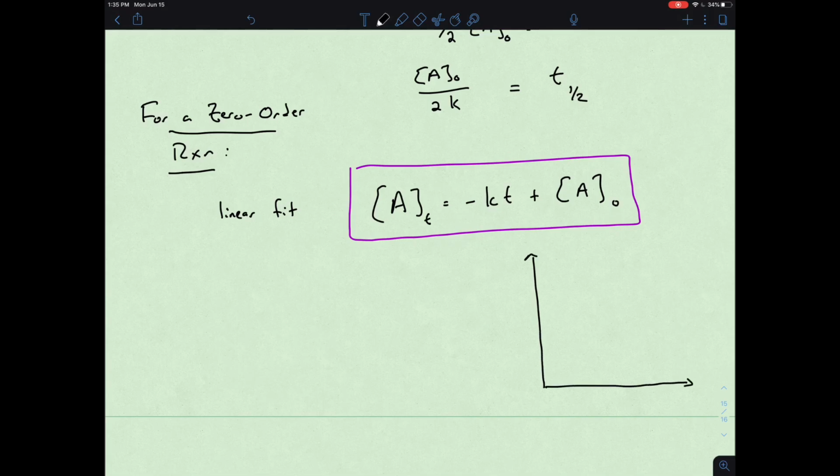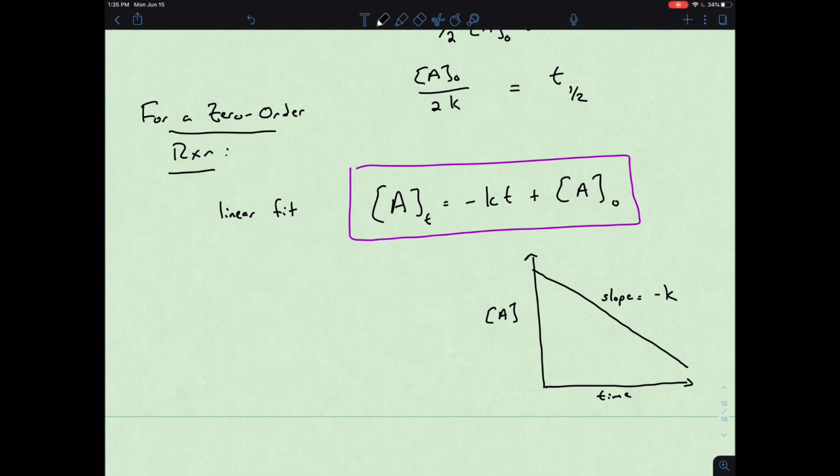right? In terms of our y would be our concentration of A, our x is our time, and we would end up with something that looks like this, where we have a slope equal to negative k.